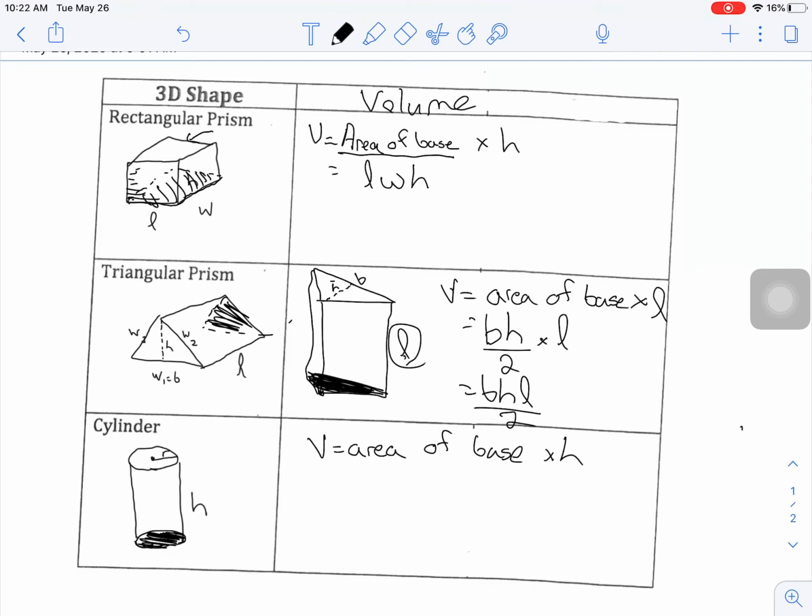So all we need to do is find the formula for area of a circle, which is pi r squared, times the height, h. So the volume of a cylinder is pi r squared h. And these three formulas are the three formulas you will use to find volume of these shapes.